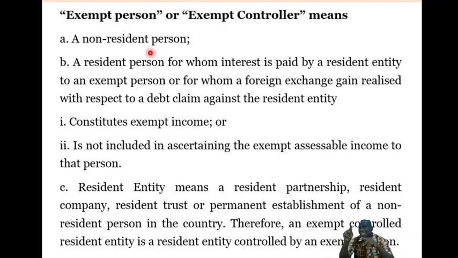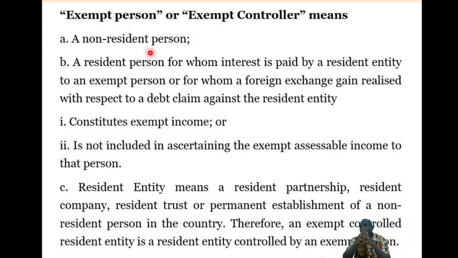But if that interest is exempt from tax, or is not supposed to be added to your income and taxed, then that is why you are now being called an exempt person.